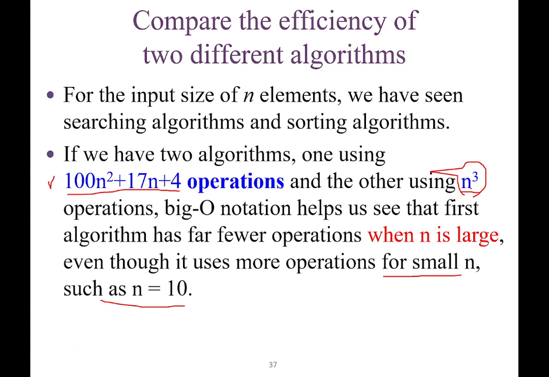So don't be confused. If we call the first algorithm A and this one algorithm B, when n is small, you may see the operation of algorithm A is way larger than the operation of algorithm B. So don't worry about when n is small, because we only consider when n is large for the comparison of the algorithms.